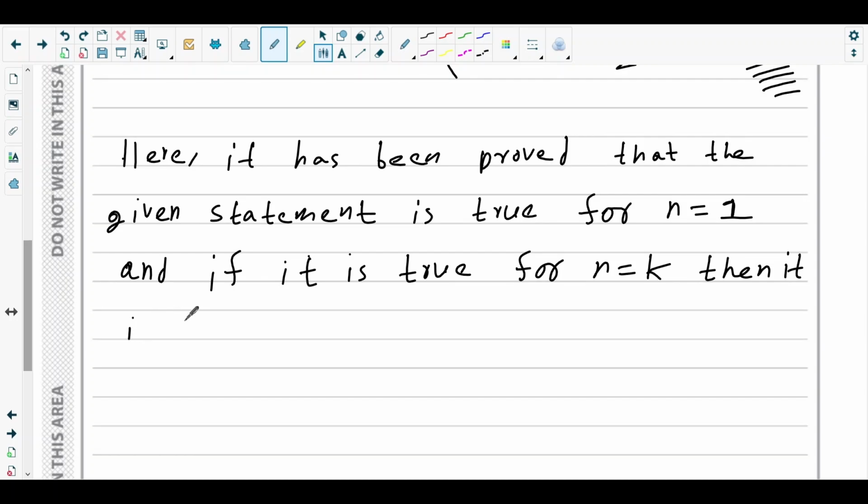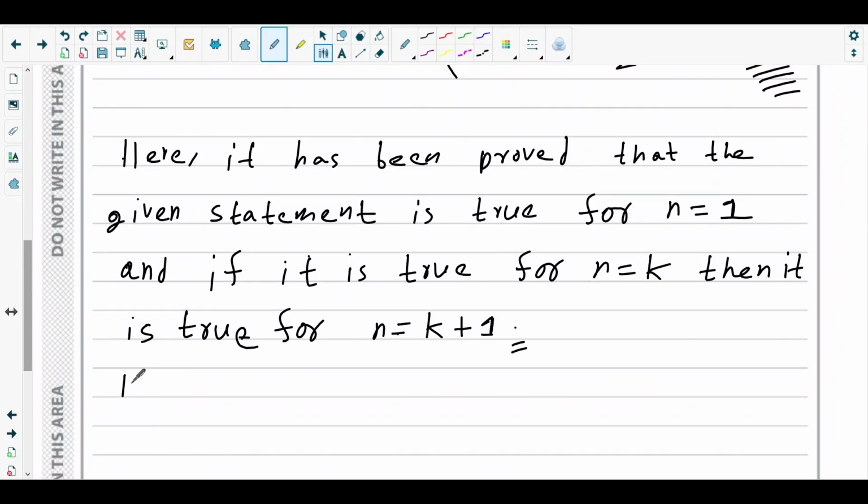So we have shown it is true for n equals 1, it is true for n equals k, and it is also true for n equals k plus 1.